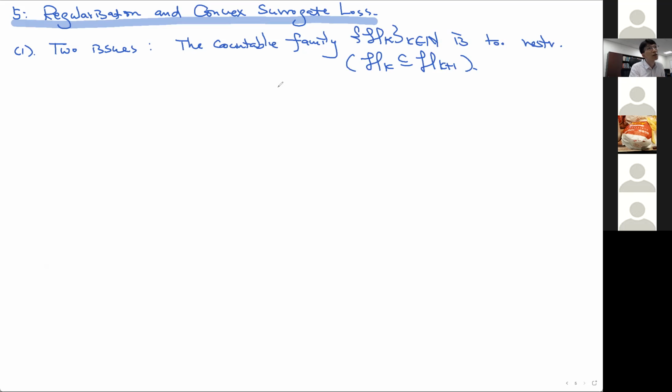So sometimes we want to have an uncountable family, for instance. We want to have a family like H_gamma, parameterized by gamma, where gamma is any real number, or maybe gamma is a positive real number.